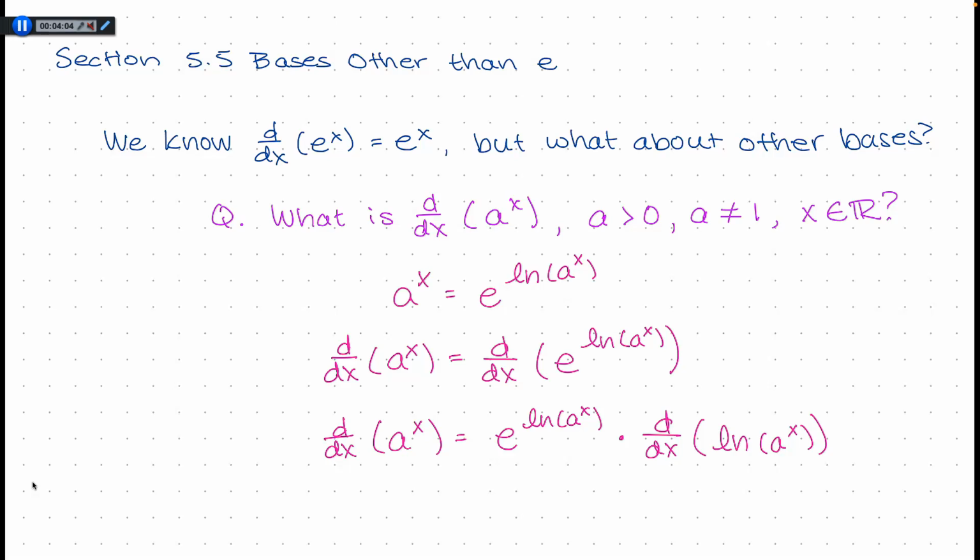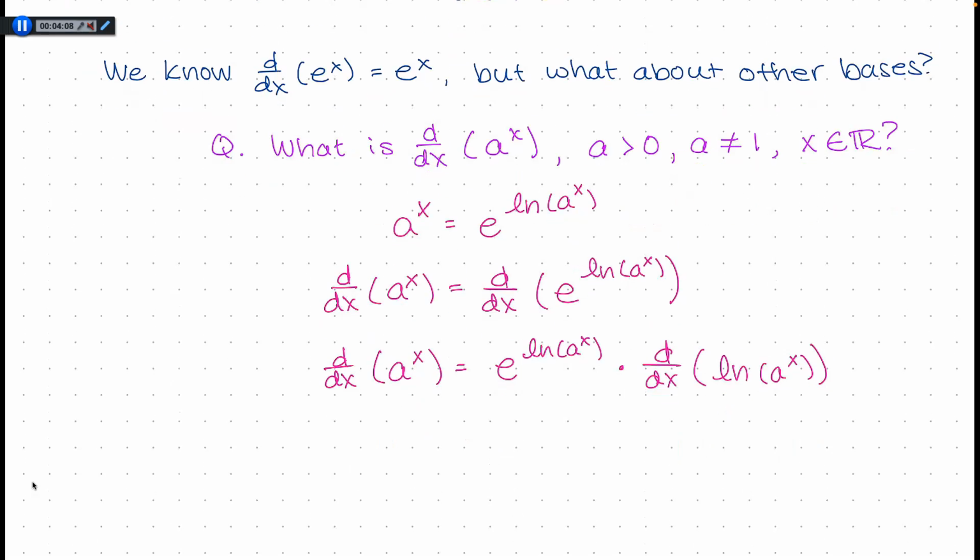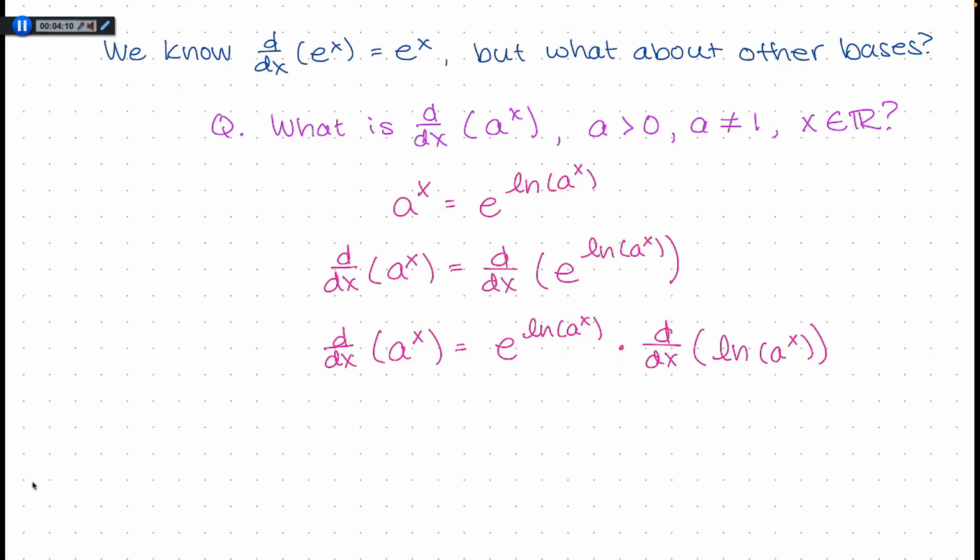So now we have to figure out how we do the derivative of the natural log of a to the x. Yoshe, can you help us out with that? So we move the x to the front. So it's x, ln a. And ln a is just a constant. So the derivative of x ln a is just ln a. Excellent. Let's write down what he said.